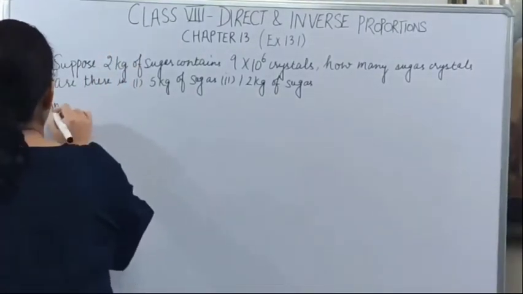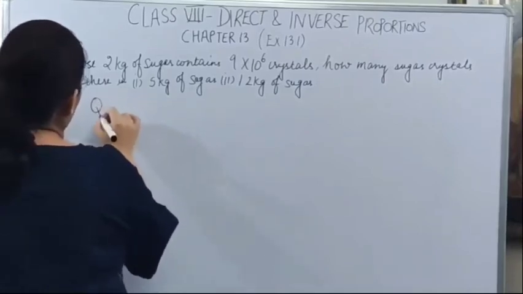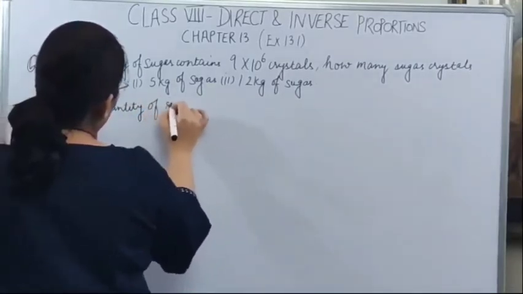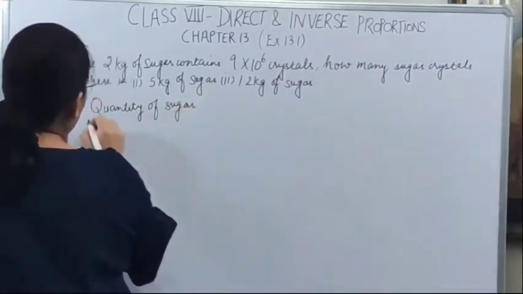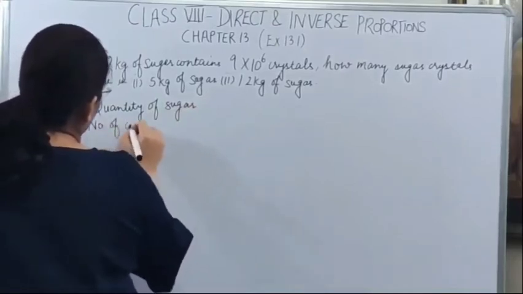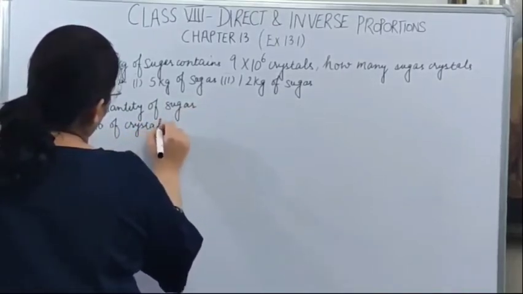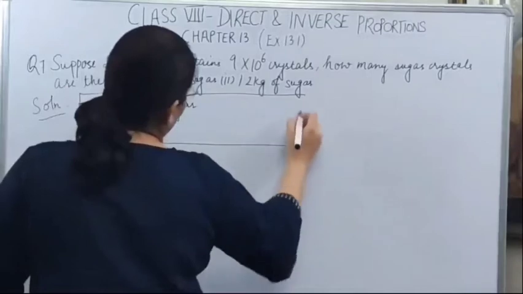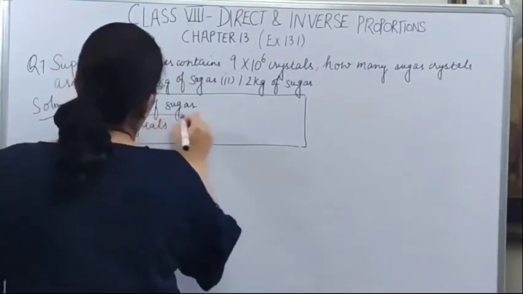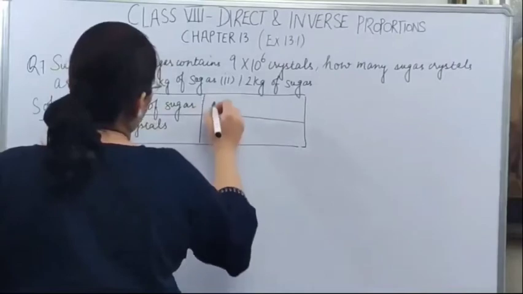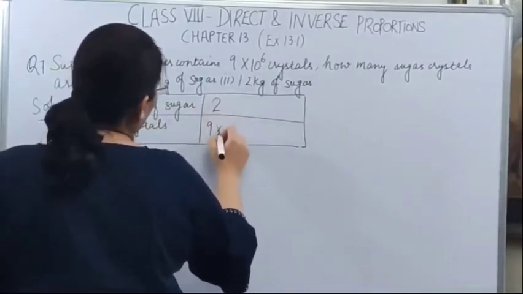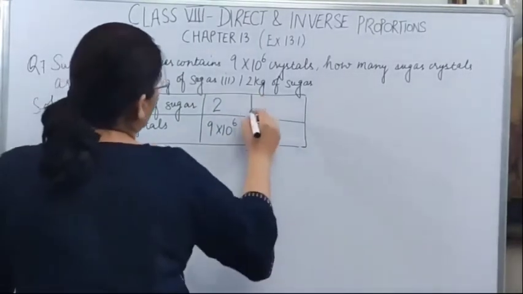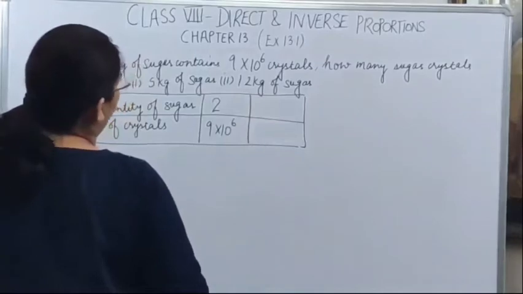We will just say quantity of sugar and number of crystals. Put it in a table and just put values here. It says 2 kgs of sugar have 9 into 10 to the power 6 crystals, how many are there in 5 kgs of sugar.